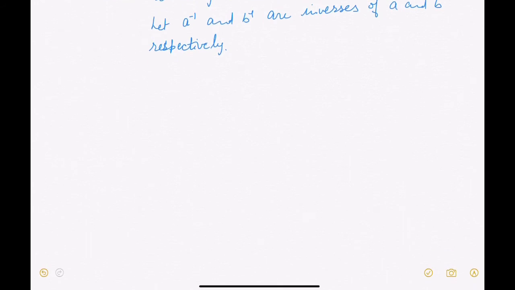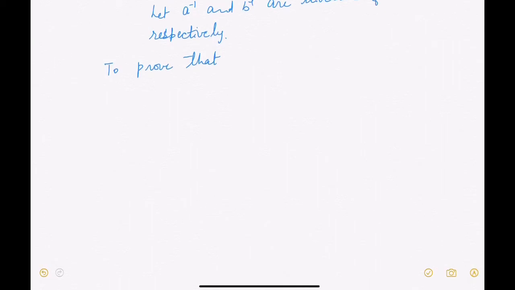To prove that AB inverse is equal to the product of the inverses in the reverse order, that is B inverse A inverse, that we need to prove.